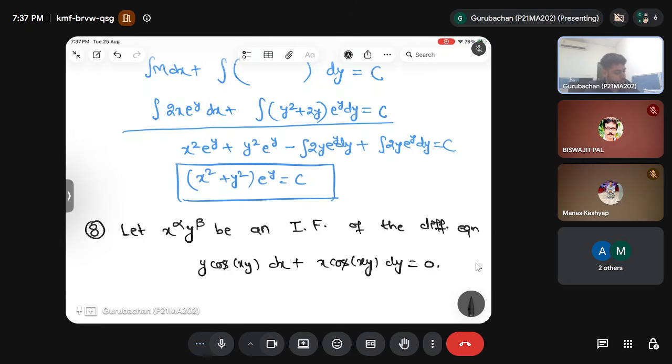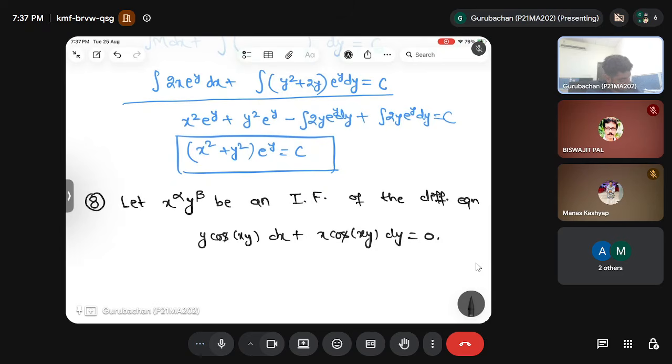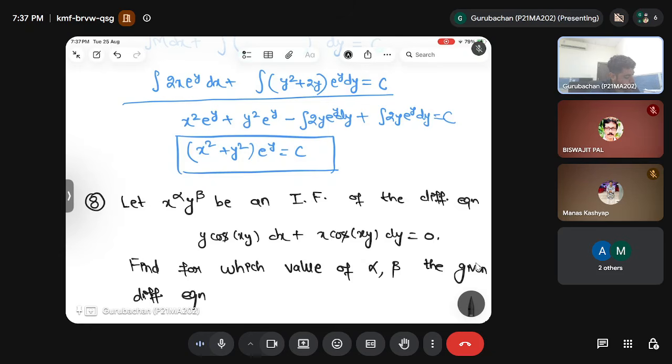So tell me, find for which value of alpha and beta the given differential equation is exact.